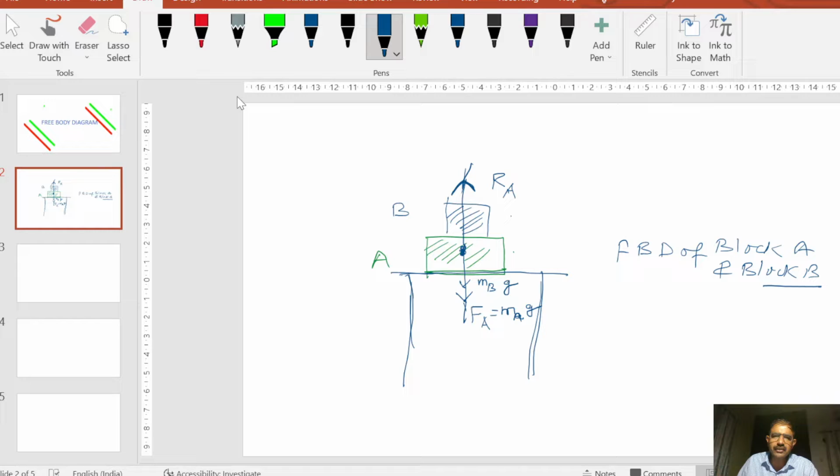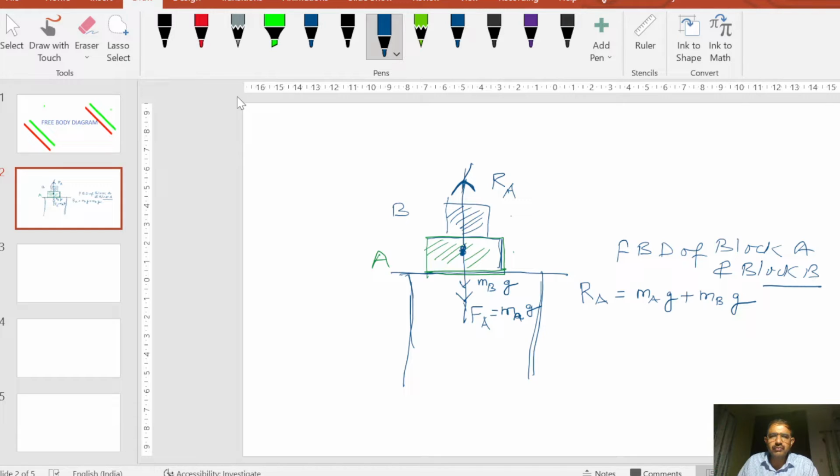But we have to consider the forces on object A only, because we are drawing the free body diagram of object A. So we are not considering the forces applied on block B. We are only considering the forces applied on block A. If this system is in equilibrium, then the equation becomes Ra equals Ma times g plus Mb times g. So this is the free body diagram of block A.